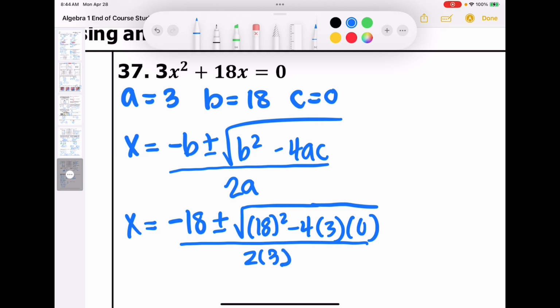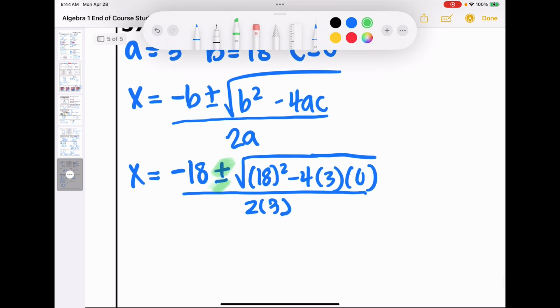All right, then when I do that, I'm going to type that into my calculator twice, one with a plus sign and one with a minus sign. And when I do that, the two numbers you should get are 0 and negative 6.